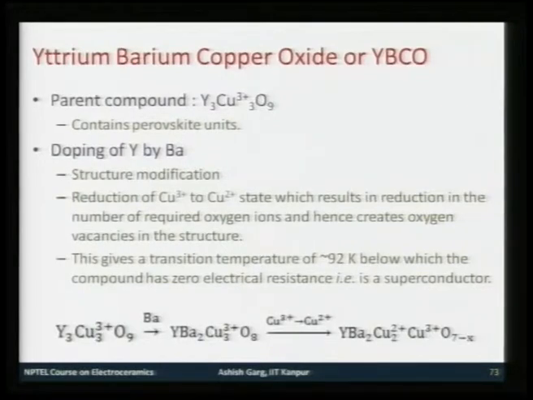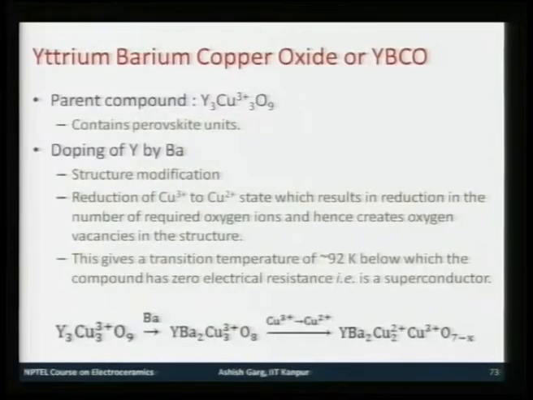Basically, Cu3+ to Cu2+ reduction requires fewer oxygen atoms in the structure. So, the parent structure remains the same, but some of the oxygen atoms from the previously occupied sites become vacant sites, and this kind of doping gives rise to a superconducting state in which the material has 0 resistance, and the temperature below which this happens is 92 Kelvin or so.